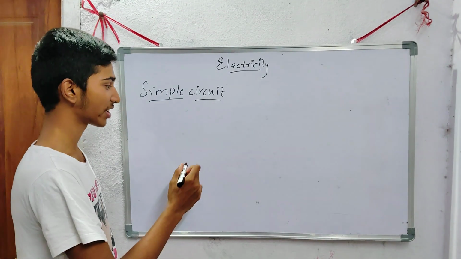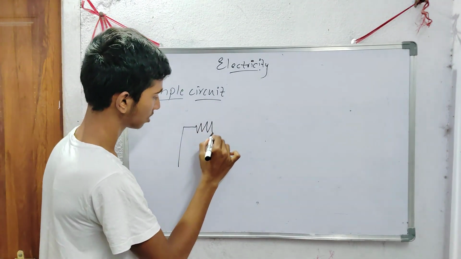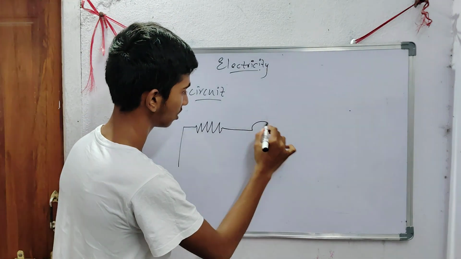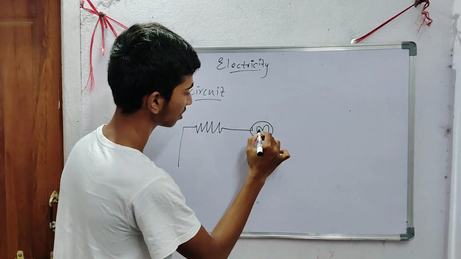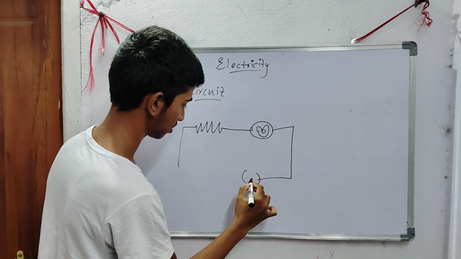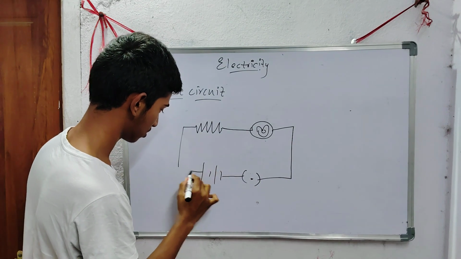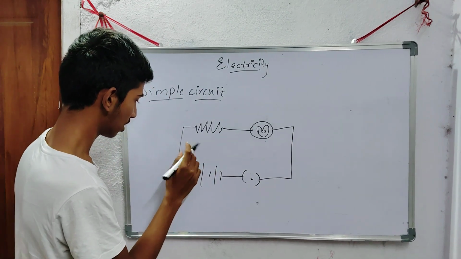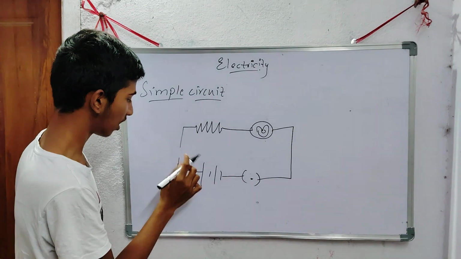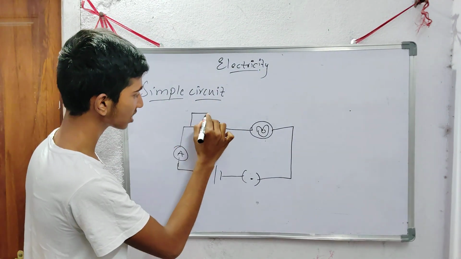Next one is the simple circuit. This is related to the diagram. This is the resistor. This is the bulb connected here. As we know, the ammeter is always connected in series and the voltmeter is connected in parallel.